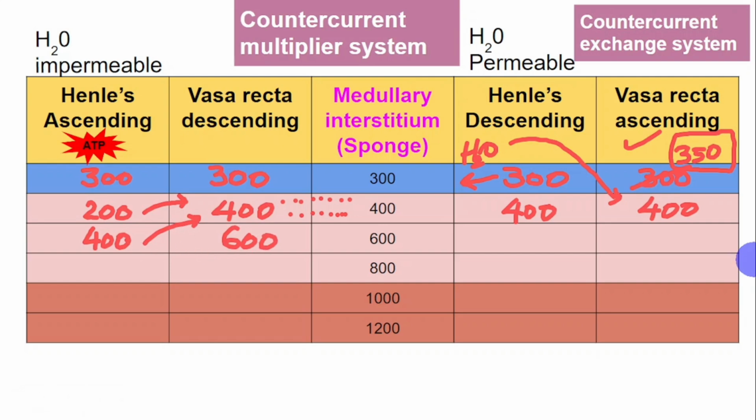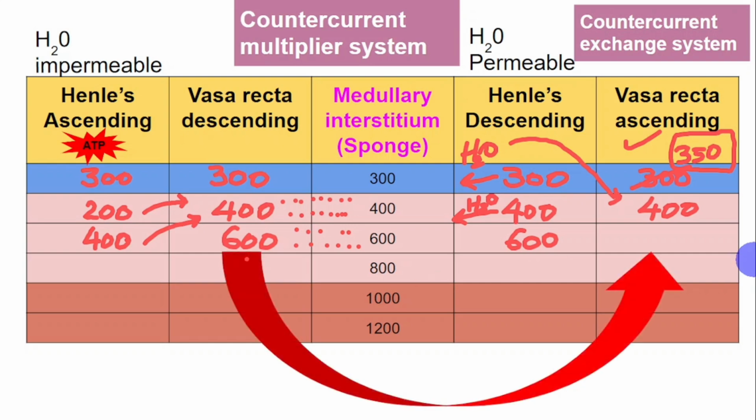So this will be taken up by Vasa recta and then it diffuses in the medullary interstitium. In response to the difference in the solute concentration, descending limb of Henle will lose water and it will acquire a new solute concentration which is 600 milliosmoles.